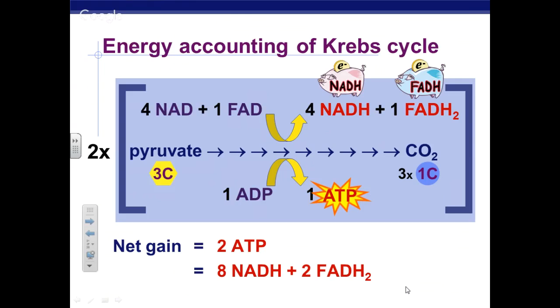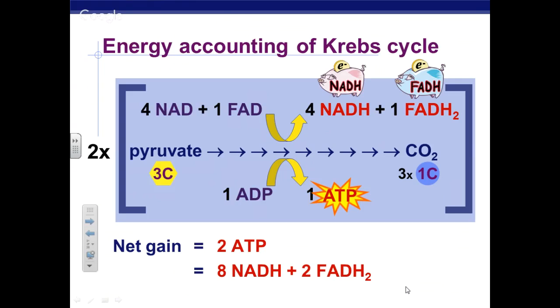If we start from a glucose, how many total NADHs do we have, including glycolysis? 10. Because we made 2 NADHs in glycolysis as well. It's okay. You'll know this by the end of the day on Wednesday.